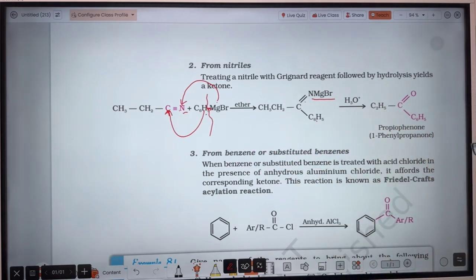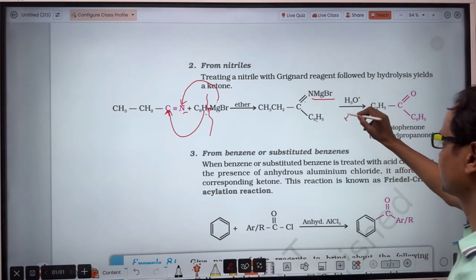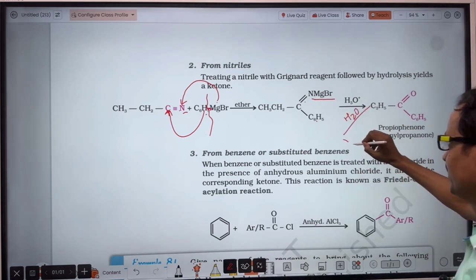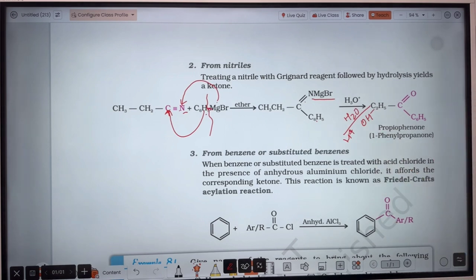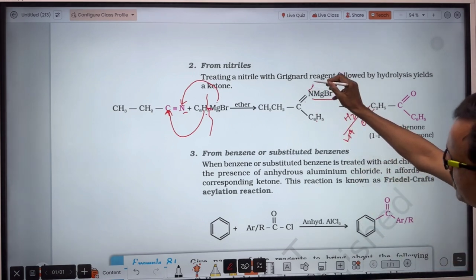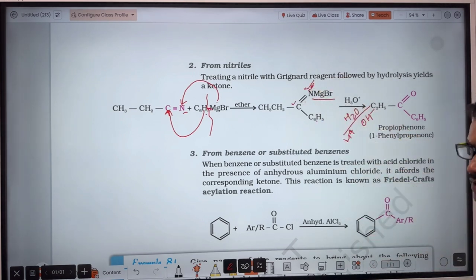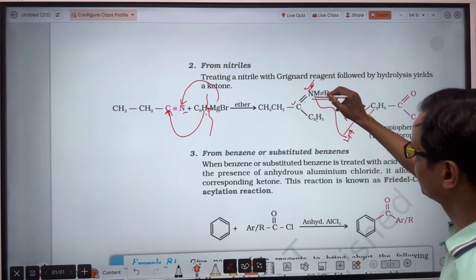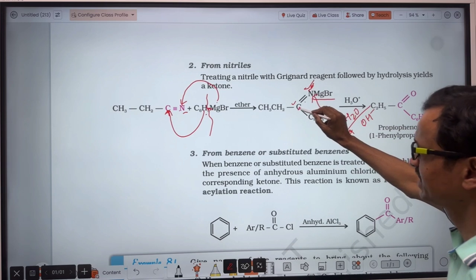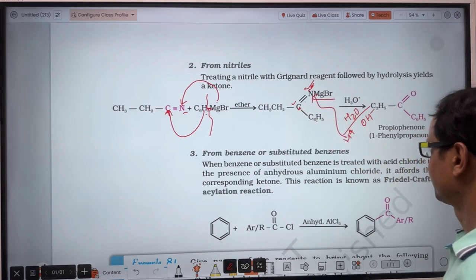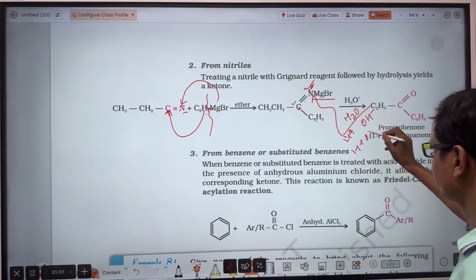Now pass water, acidic water here, which dissociates into H plus and OH minus ions. In this case again, between carbon and nitrogen, nitrogen is the negative part. So hydrogen will go to this nitrogen and OH will go to this carbon. Another water molecule will also be there.